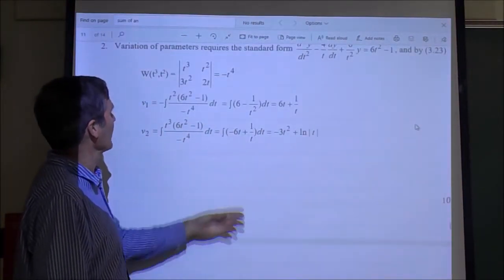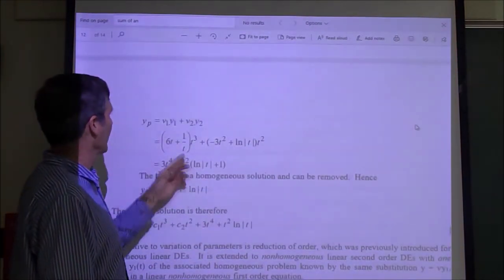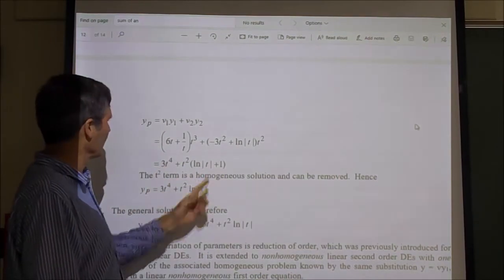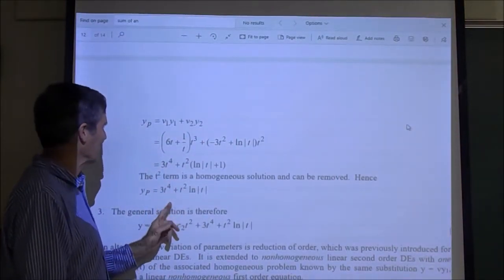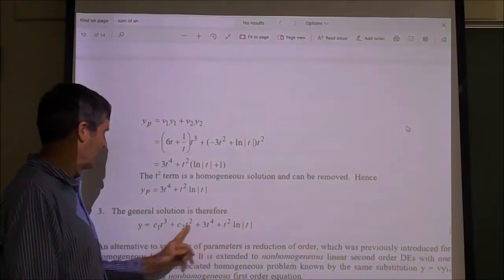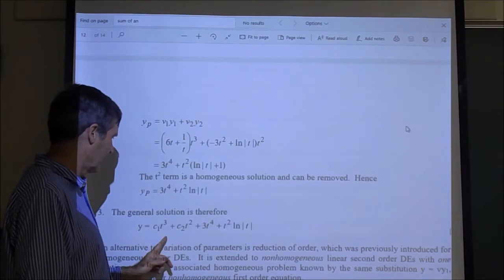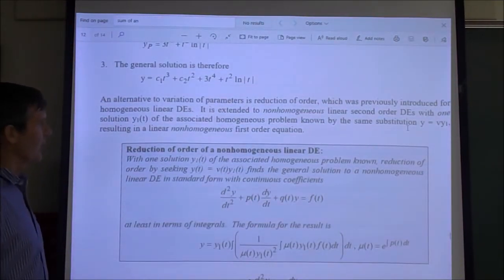It's just a formula. From the Wronskian, integrate to get v1 and v2, take v1 y1 plus v2 y2, those things you know, and that gives you a particular solution. Voila, right? So a particular solution looks like this. We add that to the general solution of the Euler equation, and there's the general solution of our non-homogeneous problem.